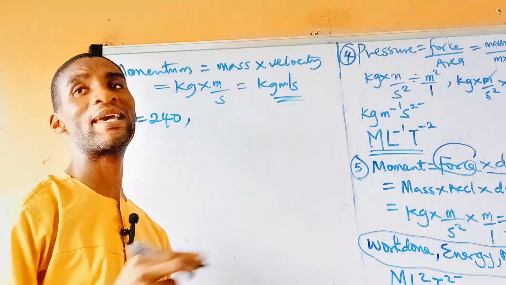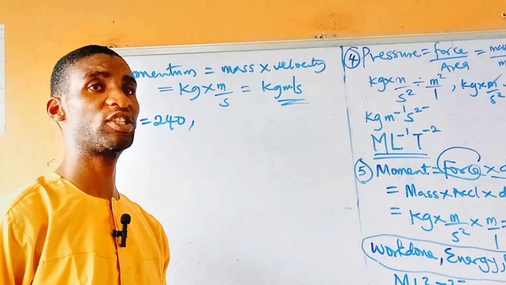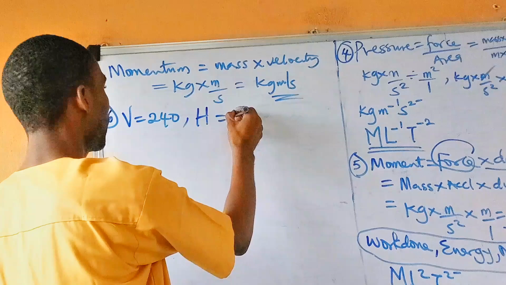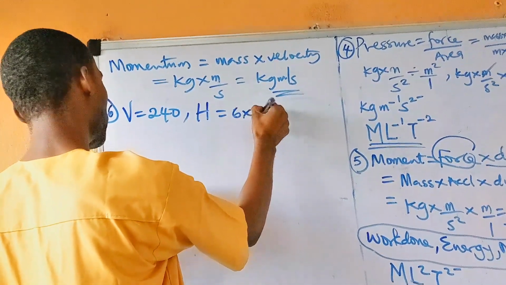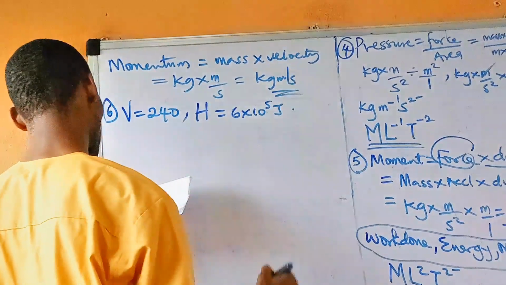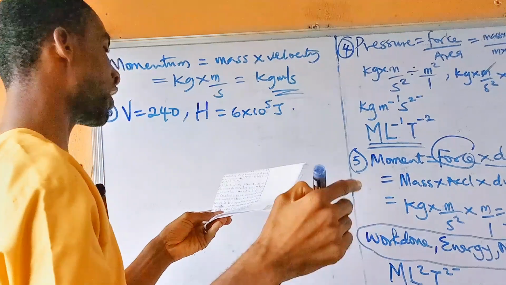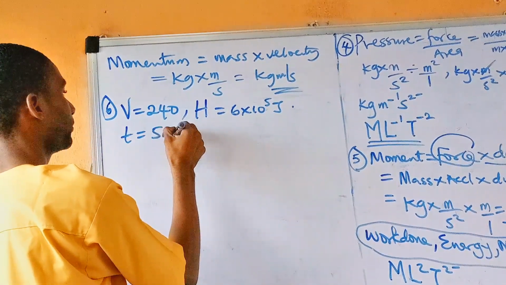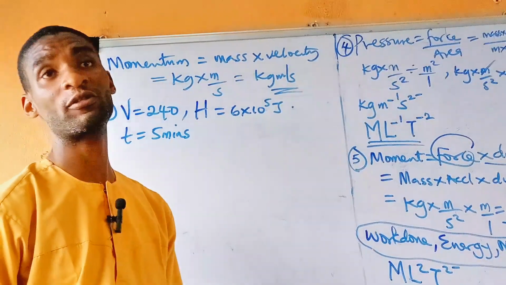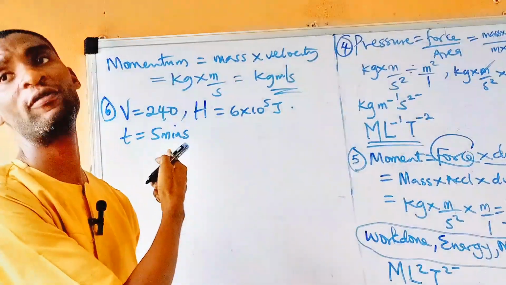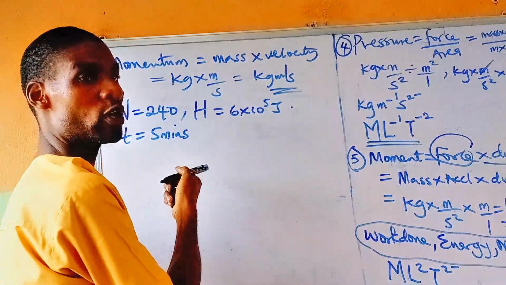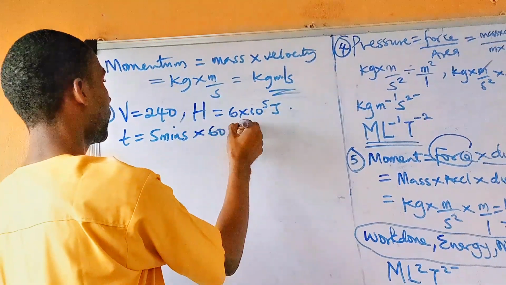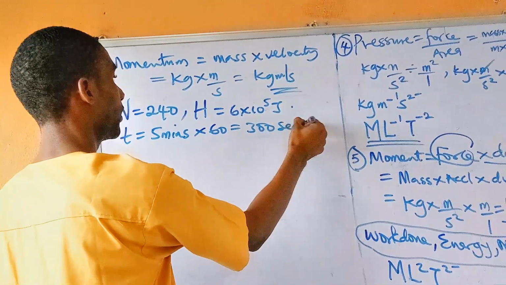That joules represents energy, the heat energy generated, so I can represent it as H. That is 6 times 10^5 joules of heat energy to boil a quantity of water in 5 minutes. So our time is 5 minutes. Remember, the SI unit of time is seconds, so we have to convert minutes to seconds. How do we convert it? We multiply by 60, so that will be 300 seconds.